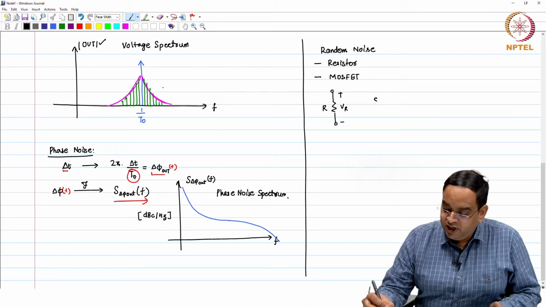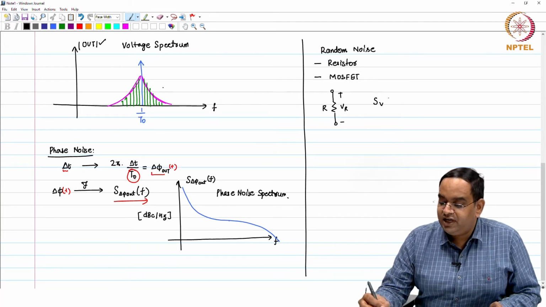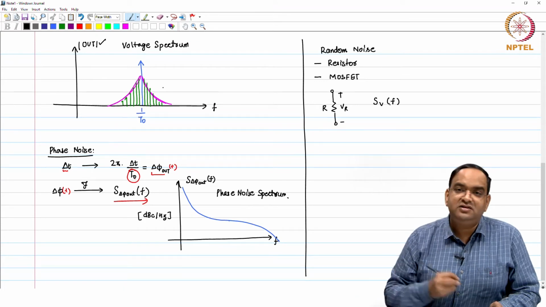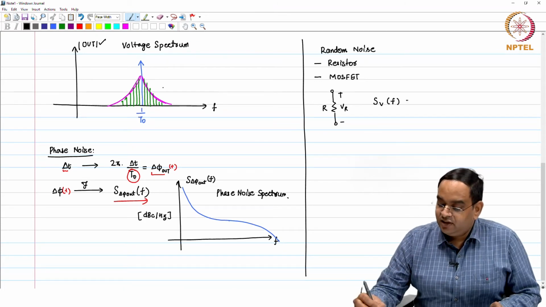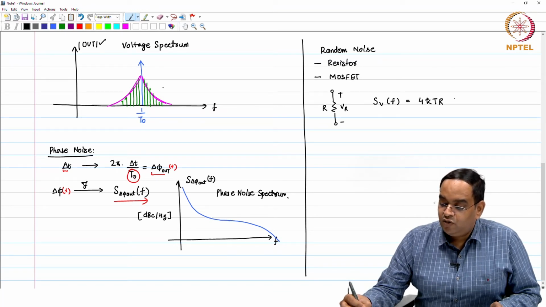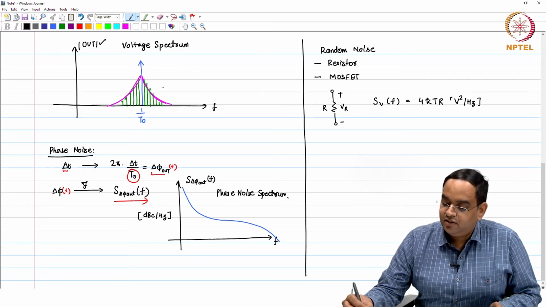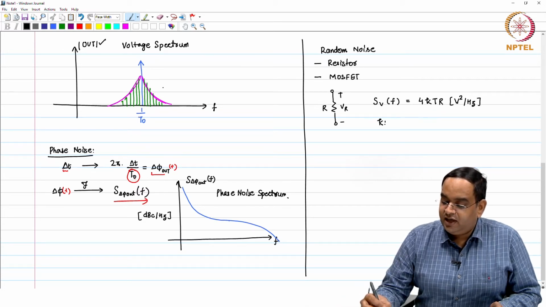The power spectral density of that voltage across the resistor is defined as 4 kTR volt square per hertz units, okay, where K is Boltzmann constant.